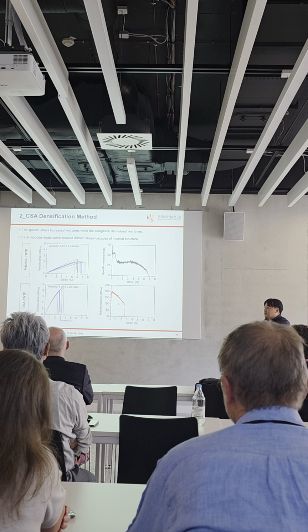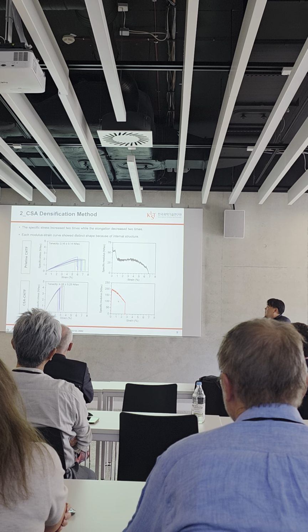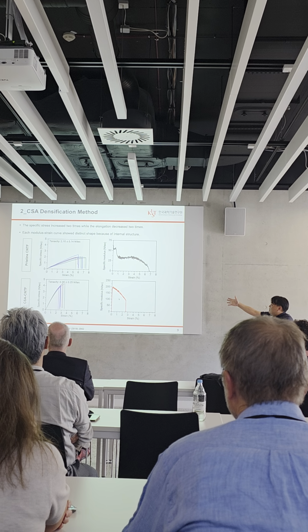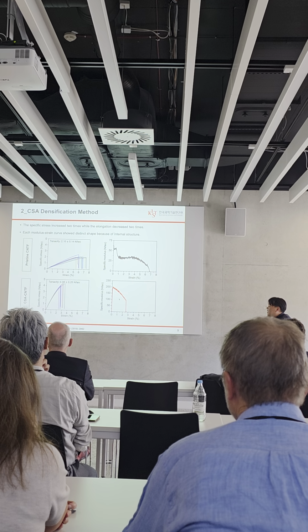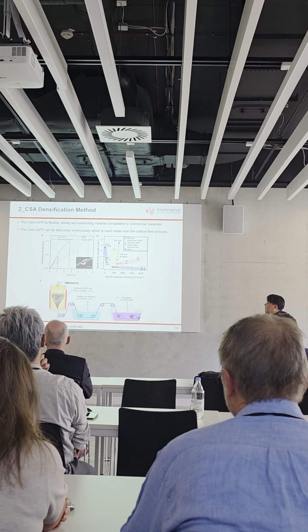This really shows a difference in specific strength. It almost doubled from the specific strength of the original fiber, and there's a clear difference in the modulus strain curve, meaning it has a very different internal structure.